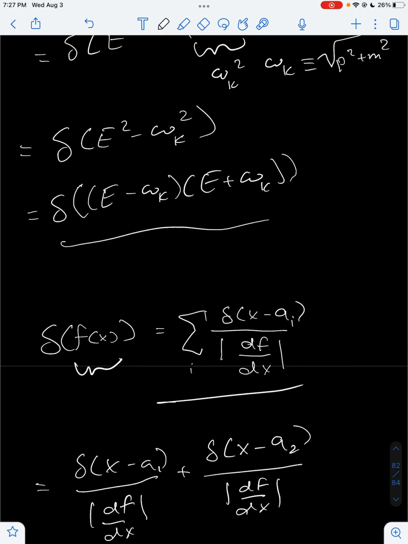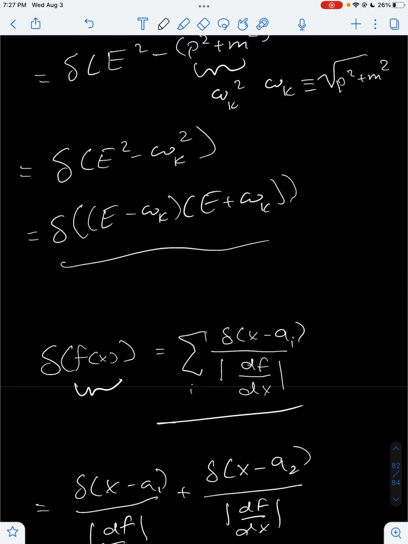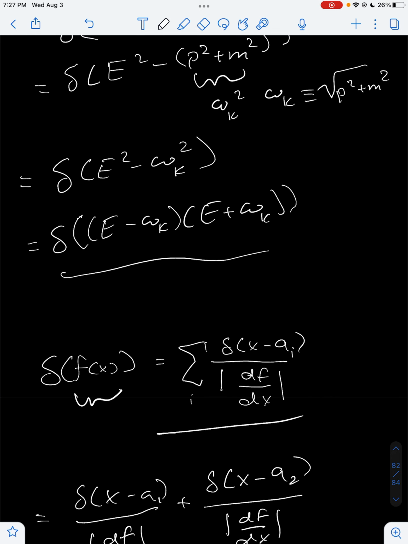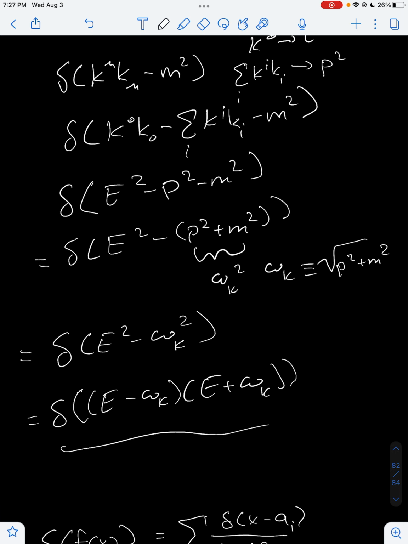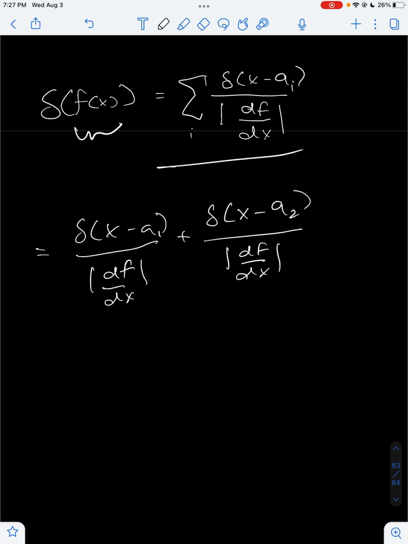So that's the expansion of a delta function where we have a function that's living inside the delta function. Weird verb to use, but it kind of works, right? So yeah, we have that.